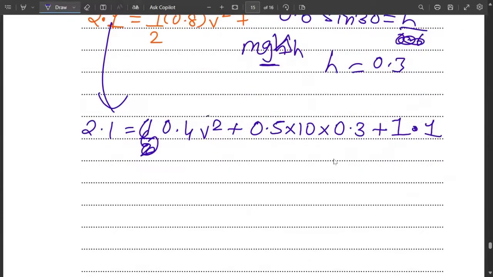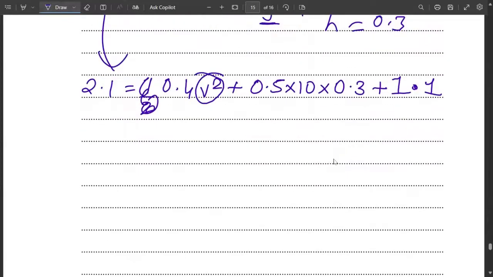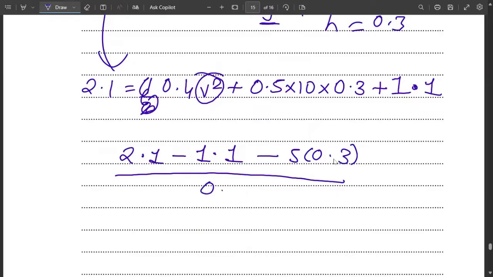So now as you can see, 0.4 v square is the only remaining variable here. So if we just manipulate the constants, 1.1 will go there, minus 5 into 0.3, and upon 0.4 is equal to v square.